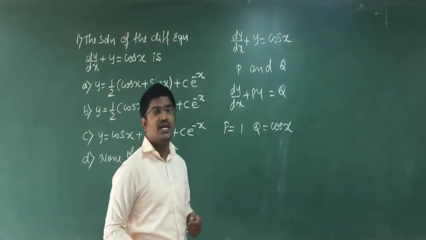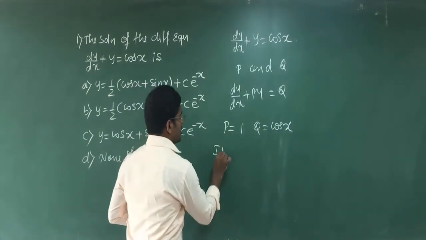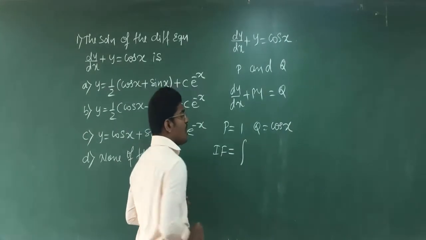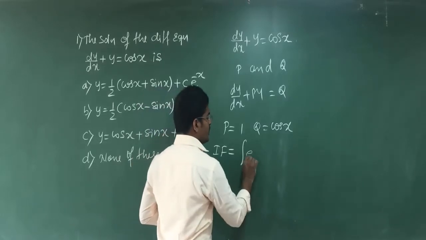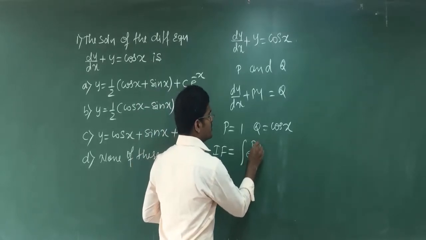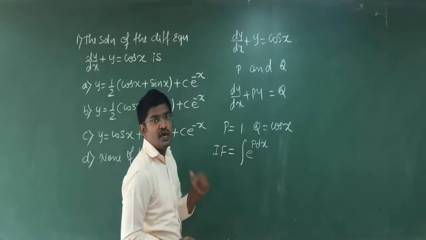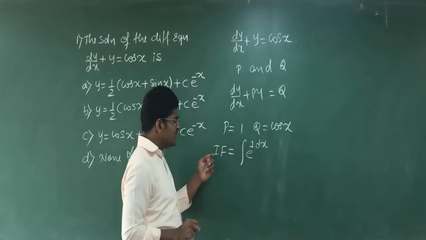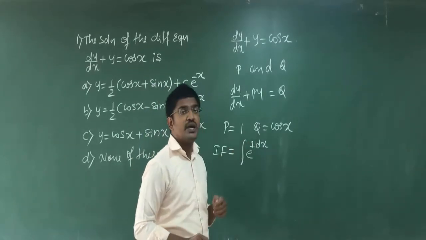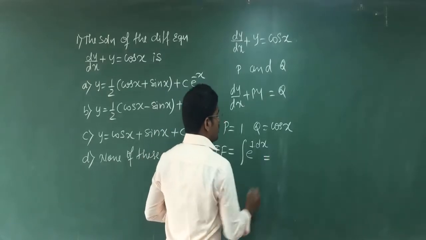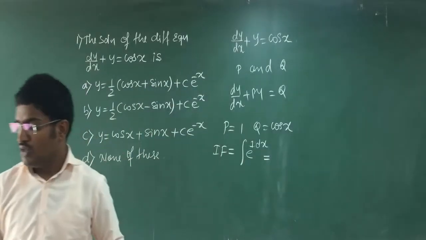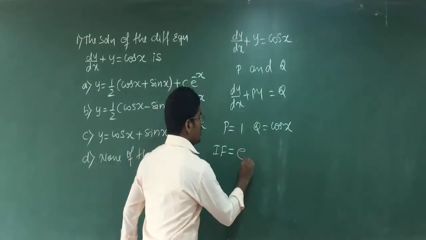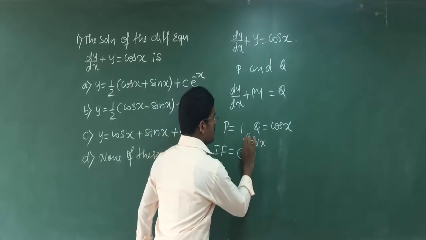So after finding P and Q, you must calculate the integrating factor. That is IF. What is IF equal to? Integrating factor is equal to e to the power of integration of P with respect to dx.